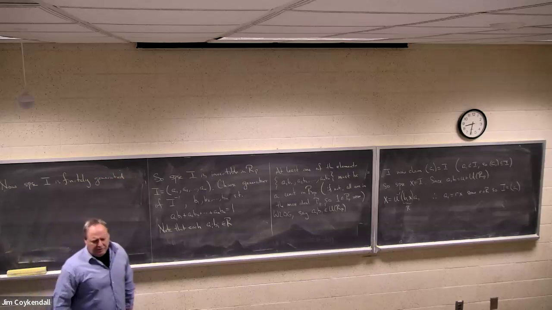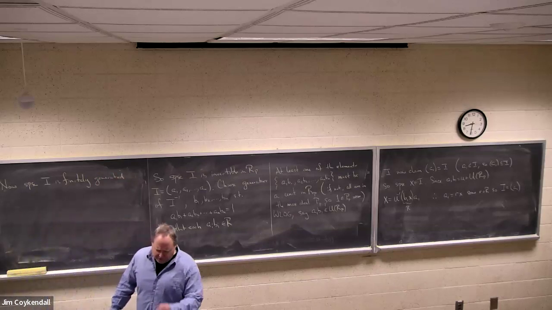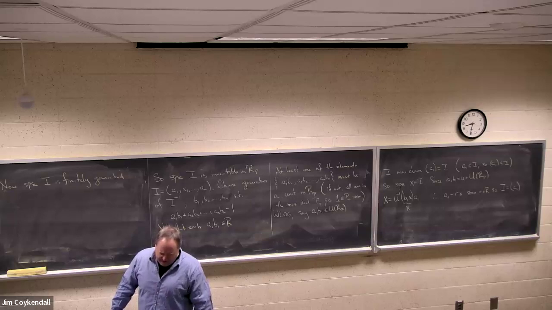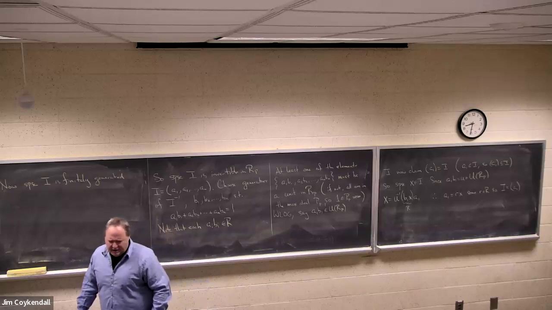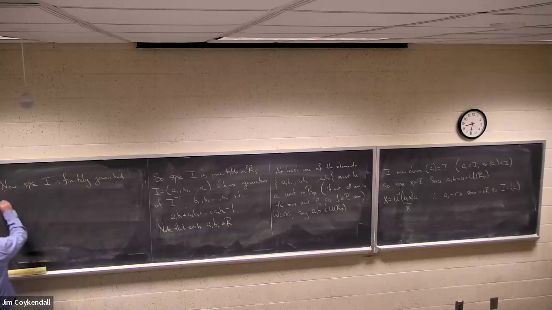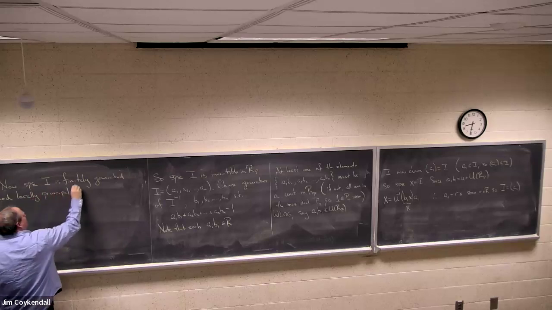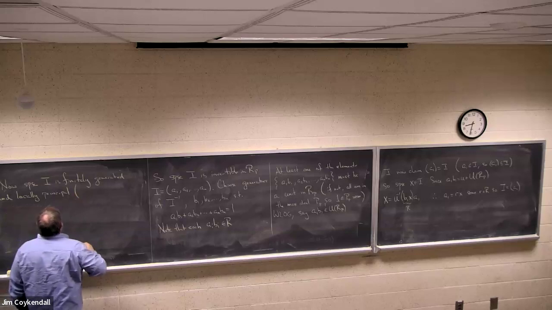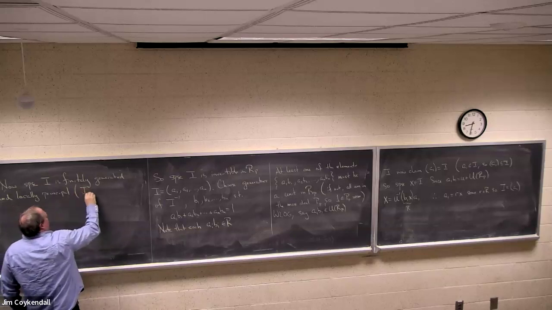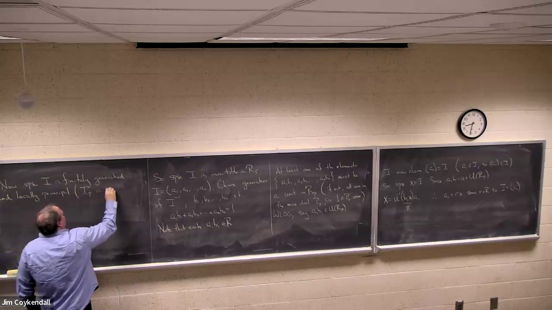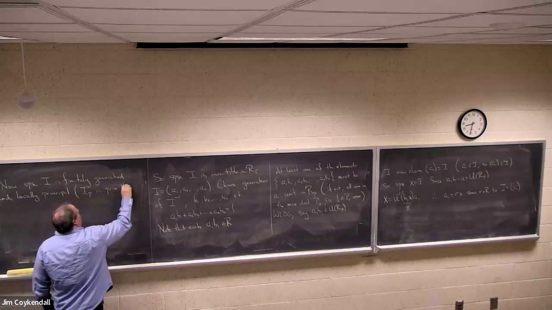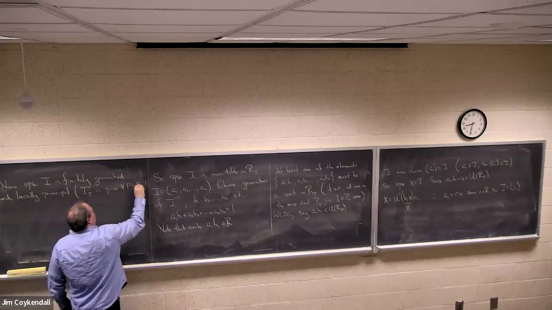I want you to see what goes on in this proof. So suppose that I is finitely generated and locally principal. That is, I_P is principal for all P prime in R.